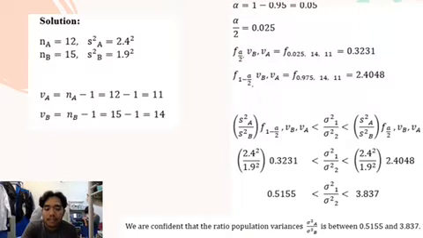For V B is equal to n B minus 1. We get 15 minus 1 and the value is 14. Alpha is 1 minus 0.95, we get 0.05. So if we want to put it into the formula, we must divide it by 2 and we get 0.025.